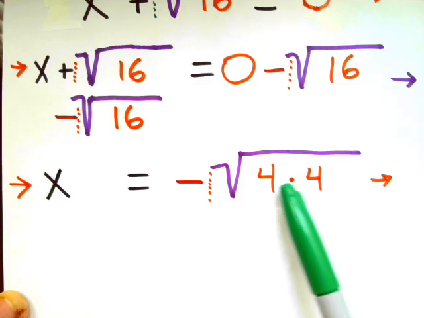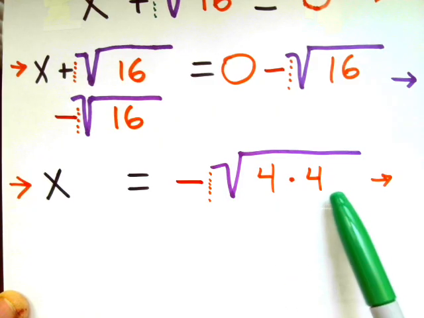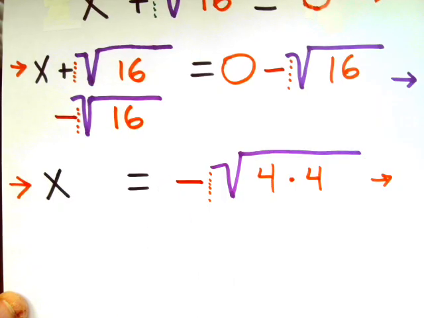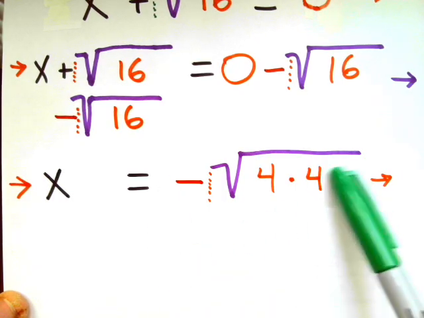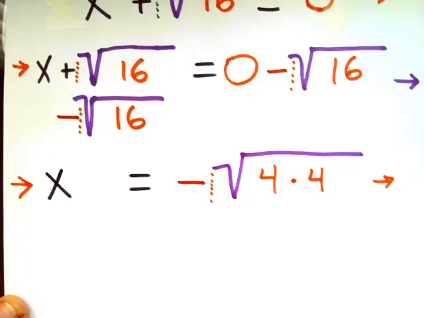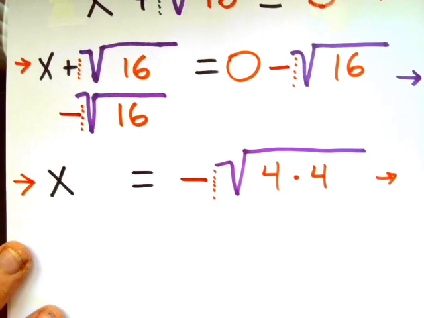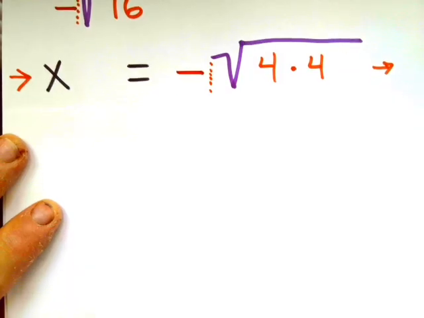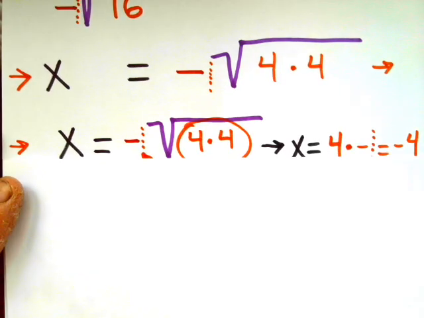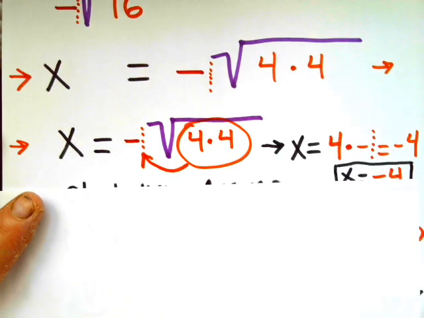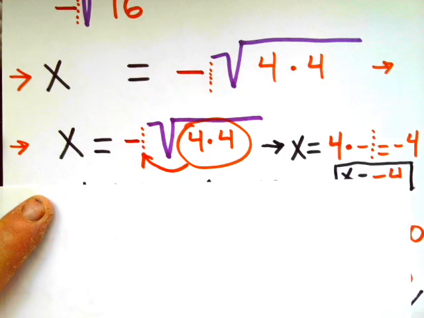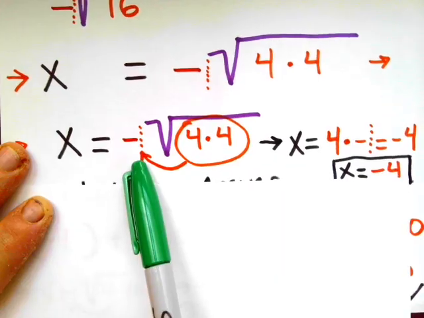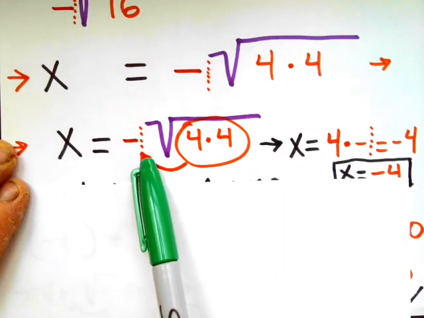which is a perfect square. 4 times 4. Remember, we need a perfect pair just to pull out one value outside the radical. Once we do that, if there's nothing left inside, that radical disappears. And that's what I'm going to show you here in this next step. And as you can see, I've got a perfect pair. I can pull out one value here.